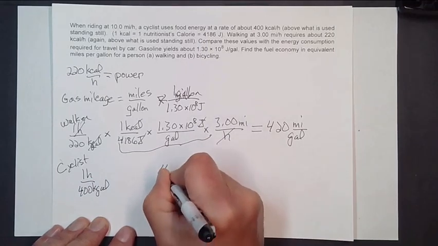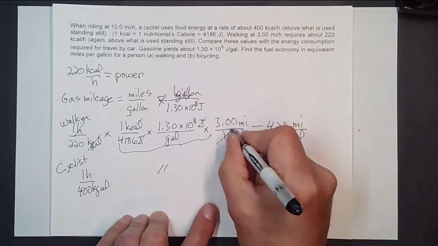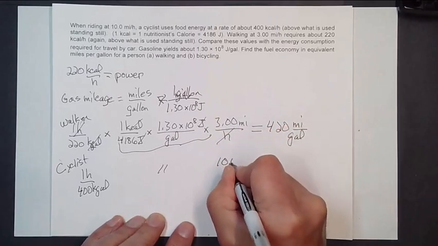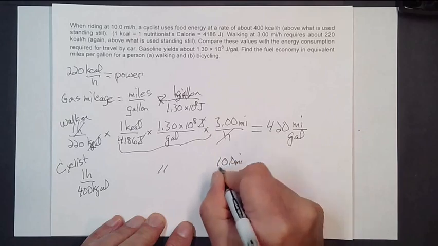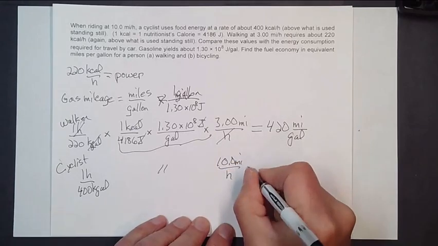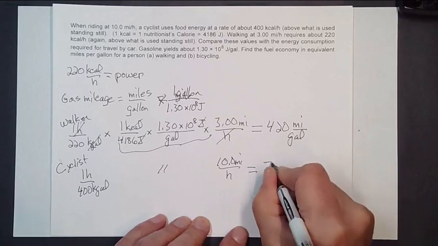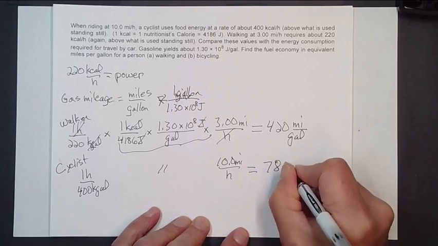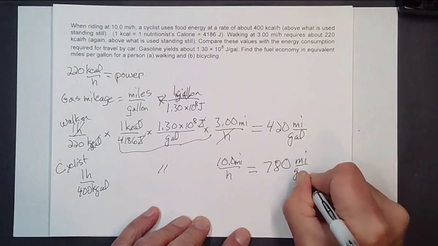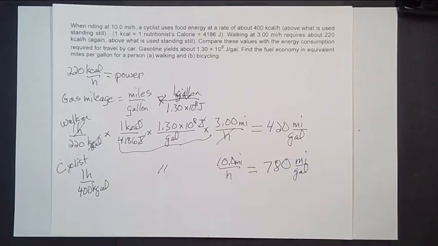So that part I'd copy, except the cyclist is going at 10 miles per hour. 10.0 miles per hour. Same weird unit conversion thing. And for the cyclist, we end up with about 780 miles per gallon. So that's the equivalent energy use for a cyclist. That's not bad.